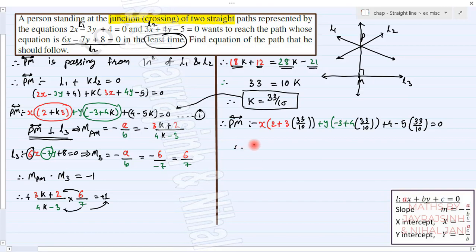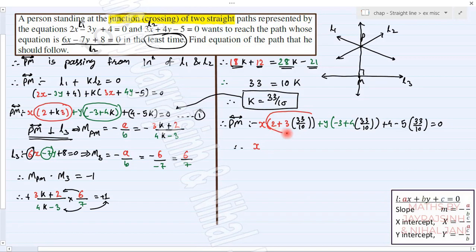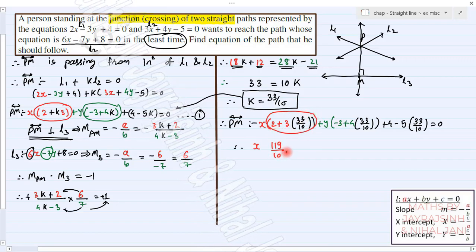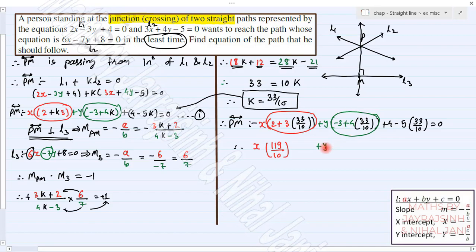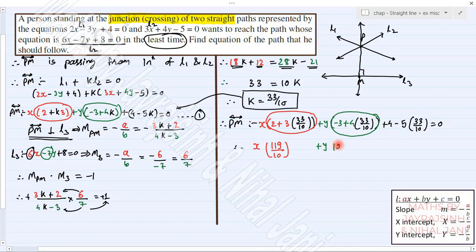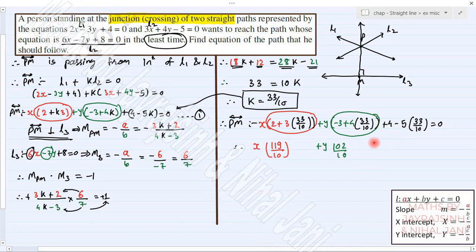So let's simplify. Here we'll get X into 20 plus 99 by 10 will be 119 by 10, plus Y into minus 30 plus 132 by 10 will be 102 by 10.